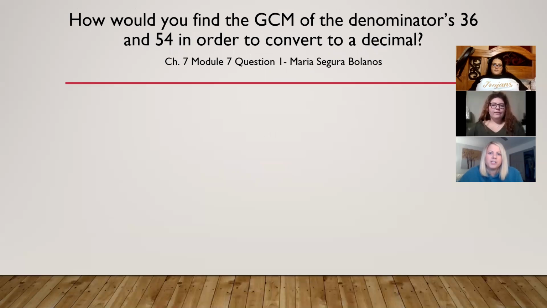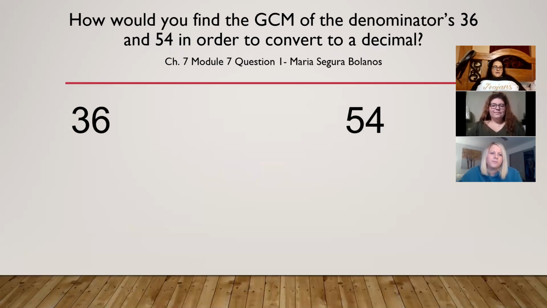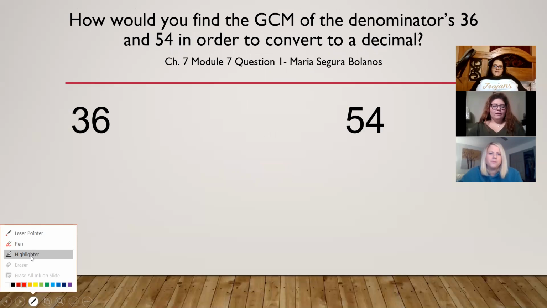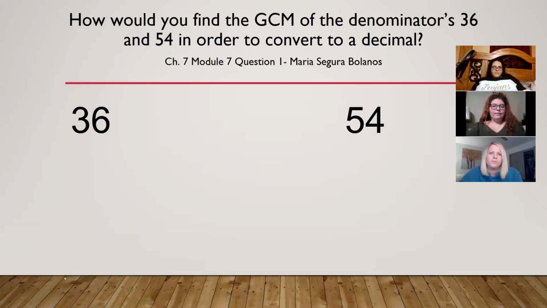Okay, Maria, this question is for you. How would you find the GCM of the denominator 36 and 54 in order to convert to a decimal? Well, first you're going to take your 36 and your 54, and we're going to use prime factorization. For 36, we're going to start out with 4 and 9, which gives us 2 and 2, and then over here 3 and 3.